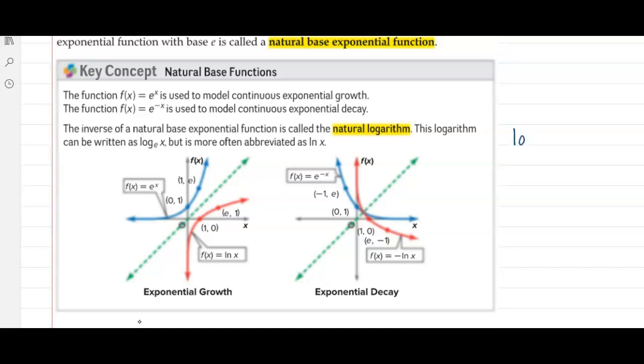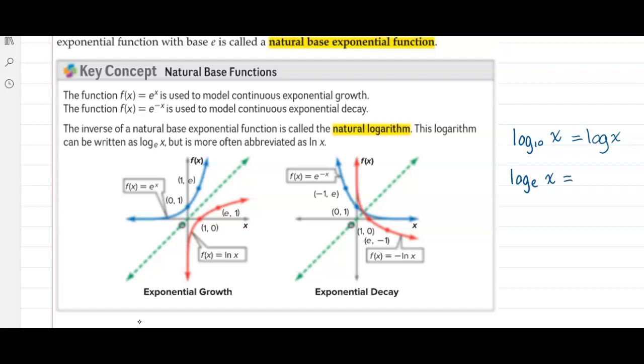So we just practiced looking at logs with a base of 10 of some number. So when that happens, we don't even have to put the base, we just write it like this. Think of natural logarithms as a shortcut. We could write log base e of x, but that takes 4 letters.